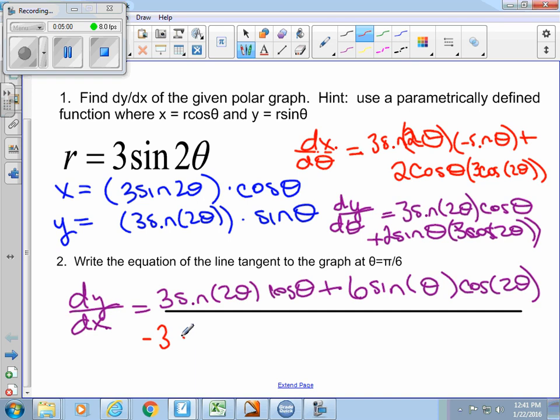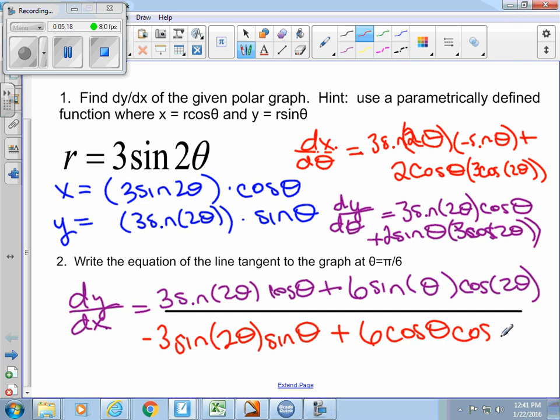Negative 3 sine of 2 theta sine of theta. I color coded so you know which part's coming from where. 6 cosine theta cosine 2 theta. Right?